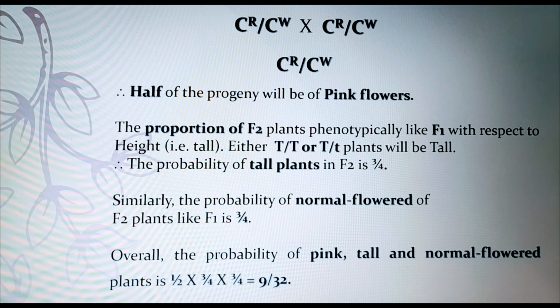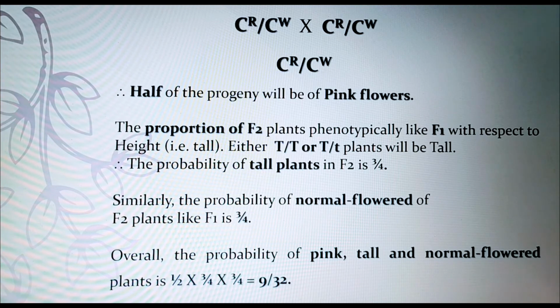So overall, to obtain the probability of occurrence of all three phenotypes together, that is pink, tall and normal plants, we must multiply the individual probabilities since the gene pairs segregate independently.